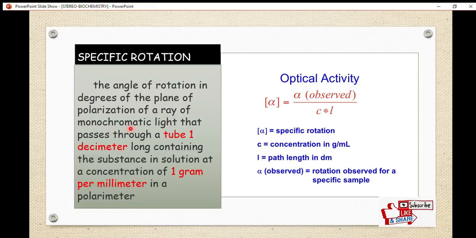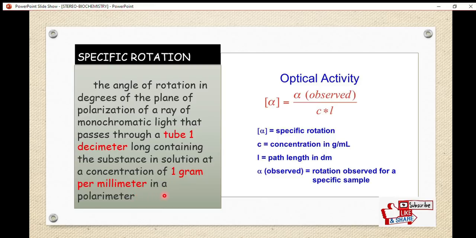A monochromatic light is just a light from only one source, with only one direction. It passes through a tube 1 decimeter (1 dm) long, containing the substance in a solution at a concentration of 1 gram per milliliter in a polarimeter.